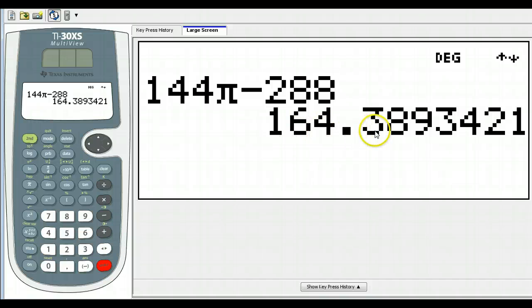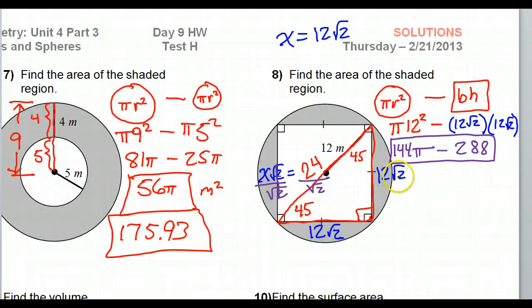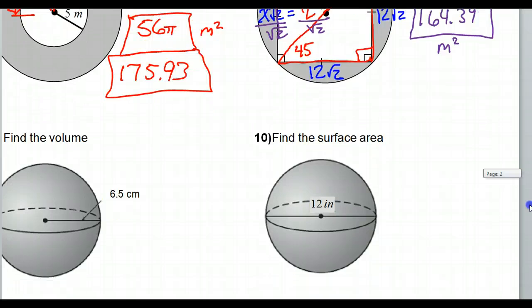So that's 164.39. Alright, so that would be the decimalized version of the shaded area right here. This was in meters. We're doing area now, so meters squared. Okay, that's number 8.